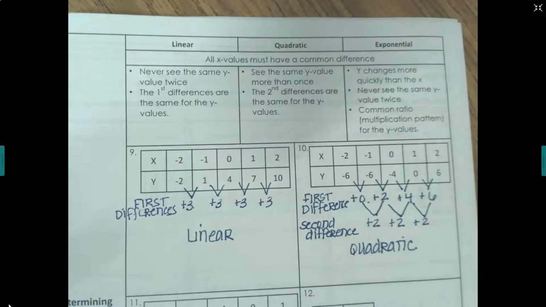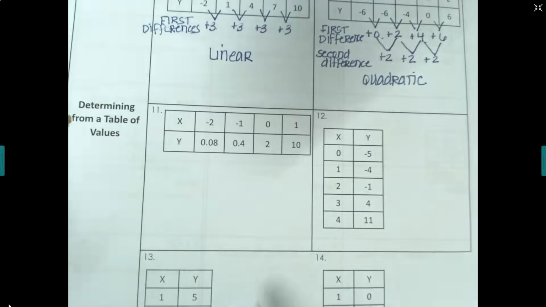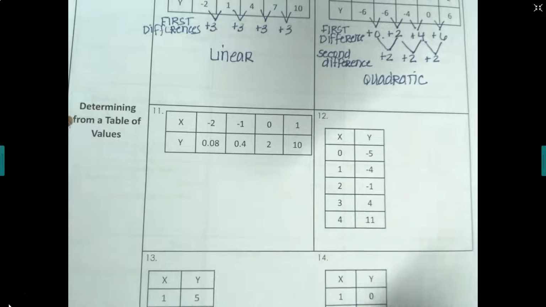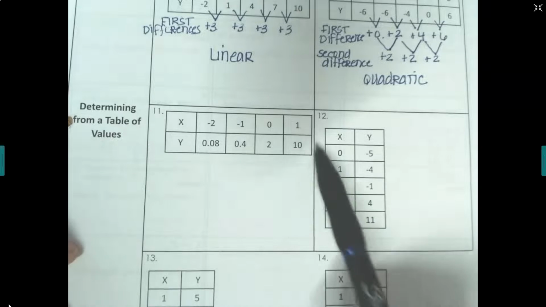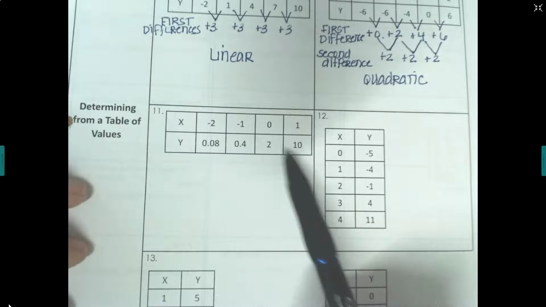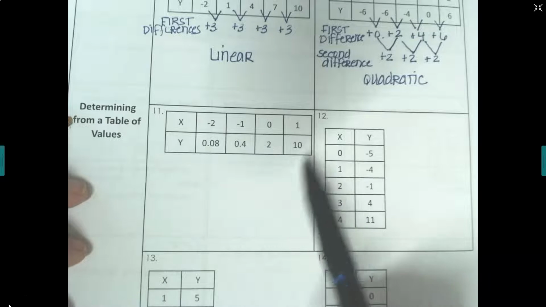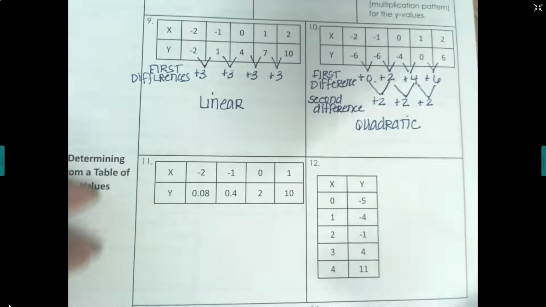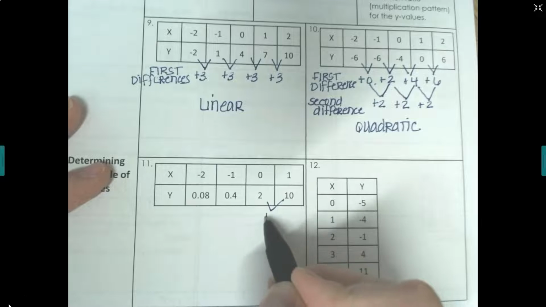Okay, let's try it again. We'll move down here to 11. Now, when there's decimals like that, sometimes it's harder to see. I'm going to go over here to these whole numbers so I can get an idea. If I wanted to go from 2 to 10 and I'm thinking about first differences, I would have to add 8.